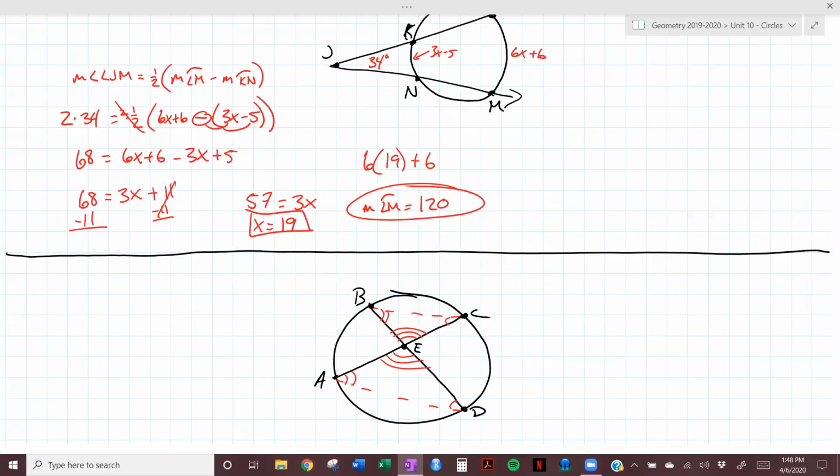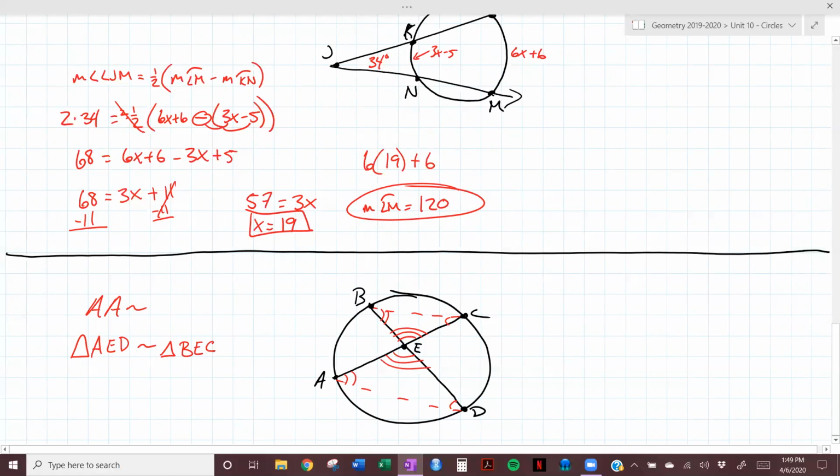So we have three angles, but there's a similarity theorem that deals with two angles. So that's the good news. So we have our angle similarity theorem, okay? Therefore, triangle AED is similar to triangle BEC.